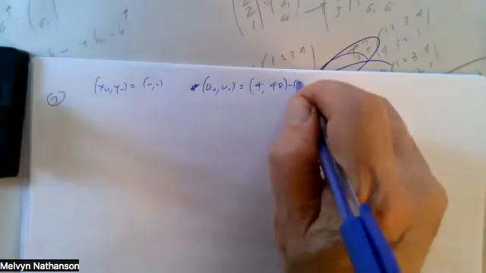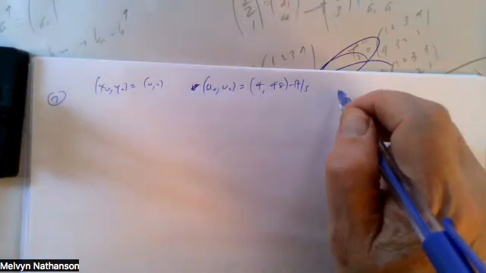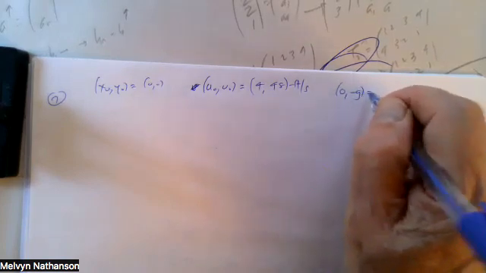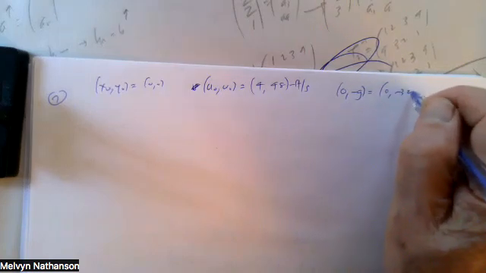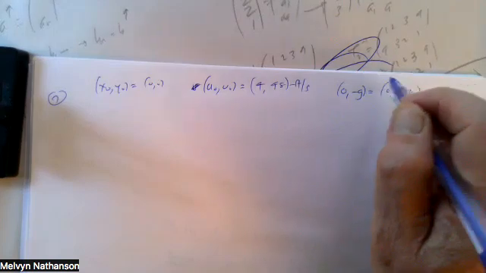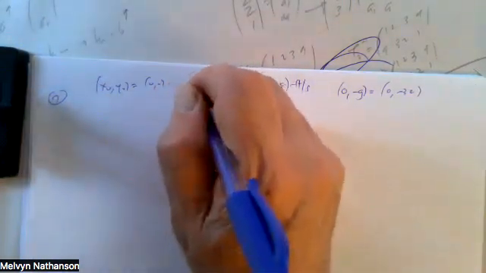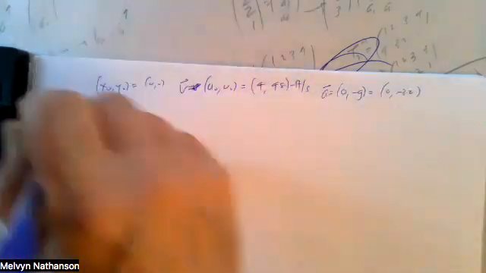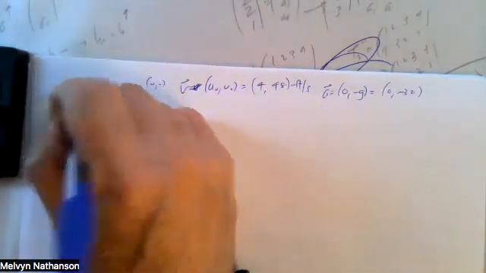The units are feet per second, which means the acceleration is 0, minus g, which is 0, minus 32. That's the acceleration. So this is initial velocity. This is acceleration. This is initial position.